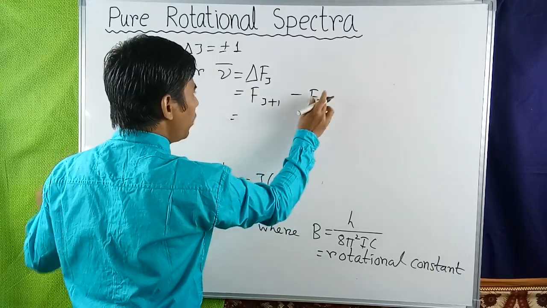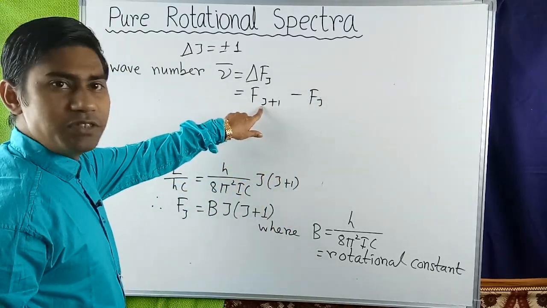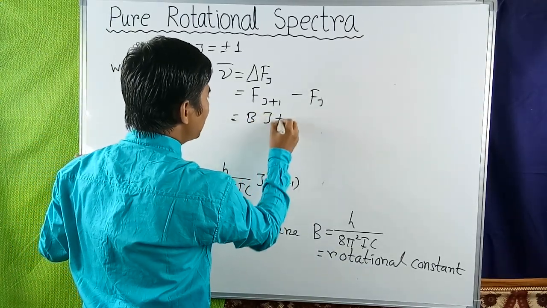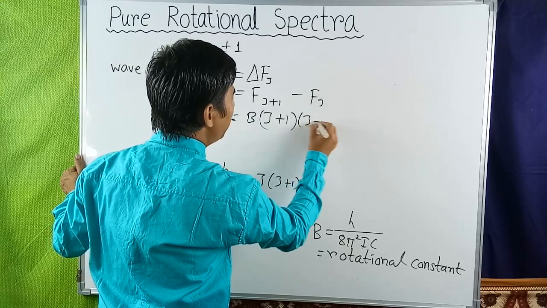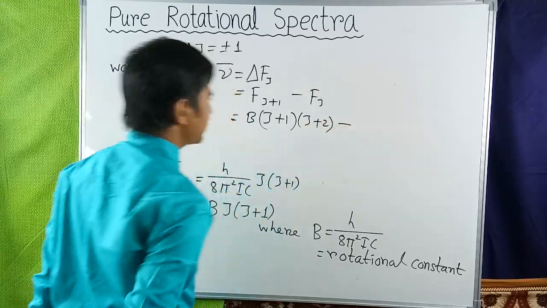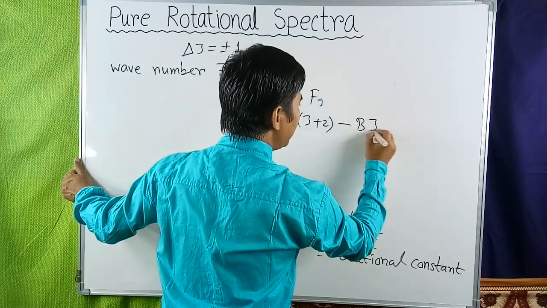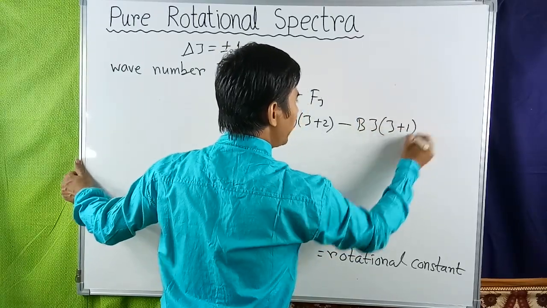Now the value of Fj plus 1 is B into J plus 1 into J plus 2, minus the value of Fj, which is B J into J plus 1.